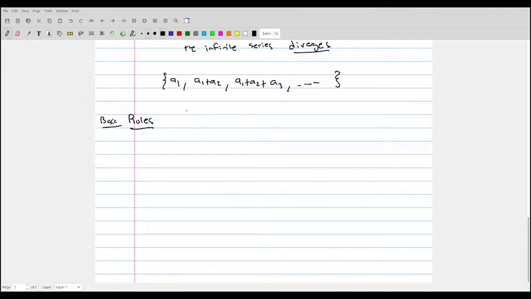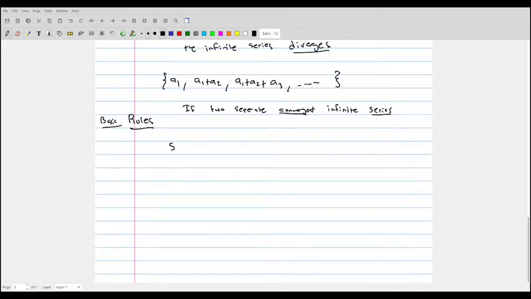So all of this is assuming, if we have two separate convergent infinite series, then we can add them together.